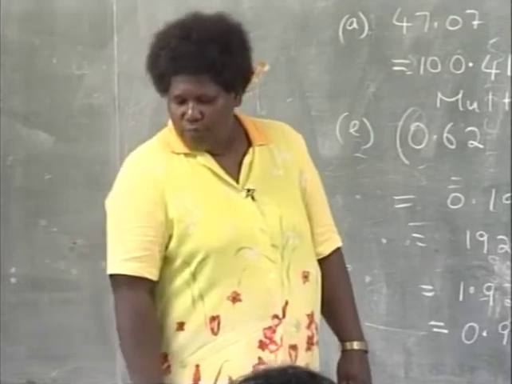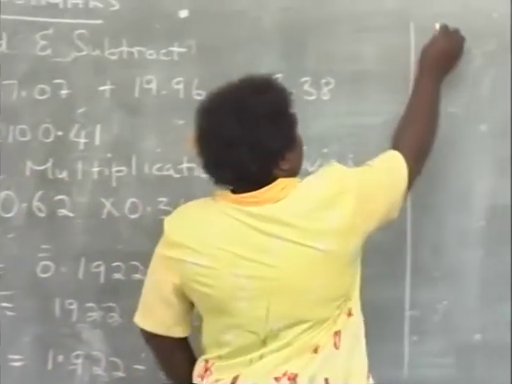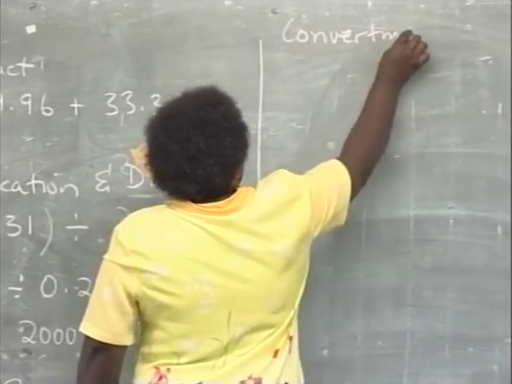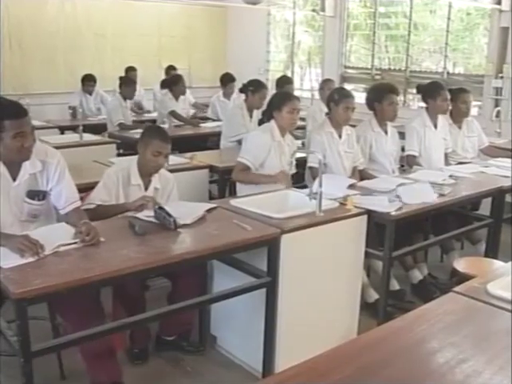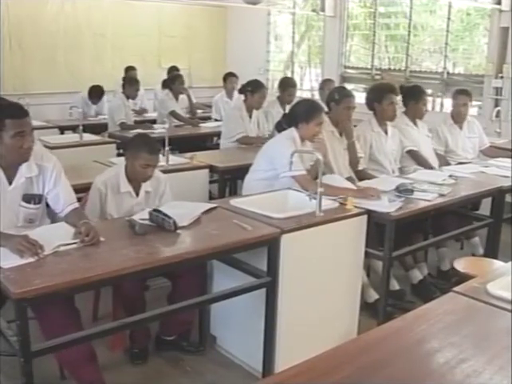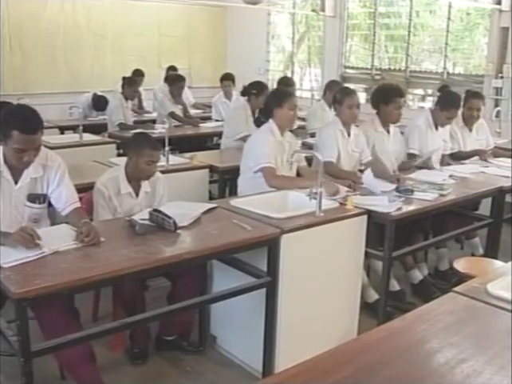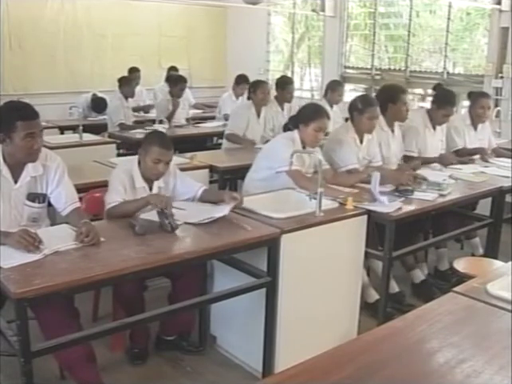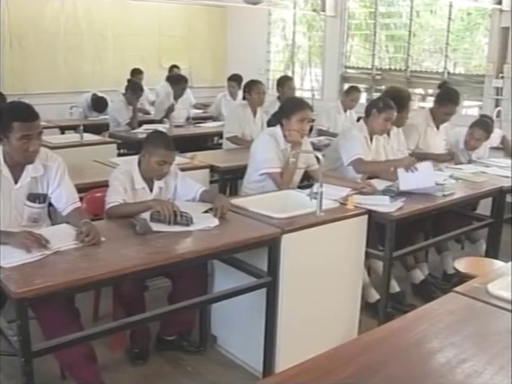I would like to go also through the next part, which is still on decimals, but this time converting fractions to decimals and vice versa, which means decimals back to fractions.